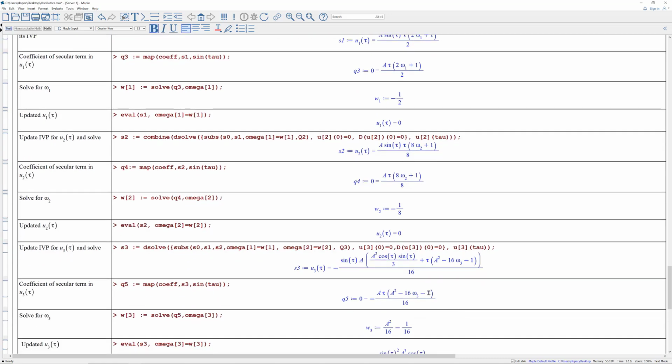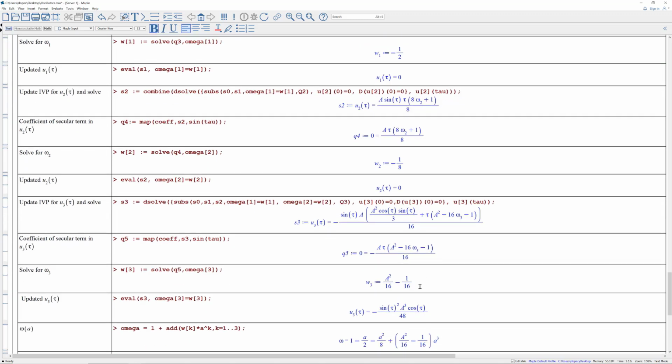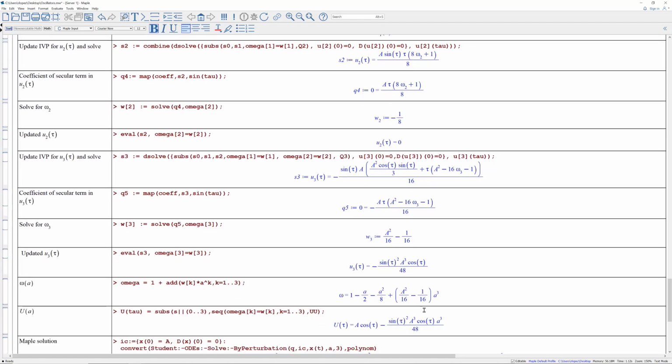And you make it 0 by choosing omega 3 correctly. So you solve that expression for omega 3. This will make this term be 0. You put that information back into this solution, and all that's left is this part here. So add up the omegas and the powers of A. You get this expansion for omega.